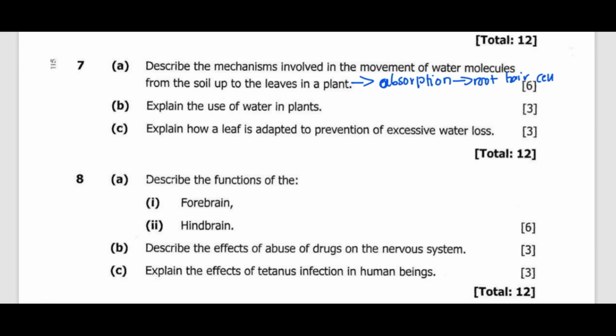Then after this, we need to look at the transportation. What vessel transports water from the soil to the leaves? We have xylem. So you explain about xylem. Then you also have to look at what processes assist in the movement of water from the soil to the leaves.